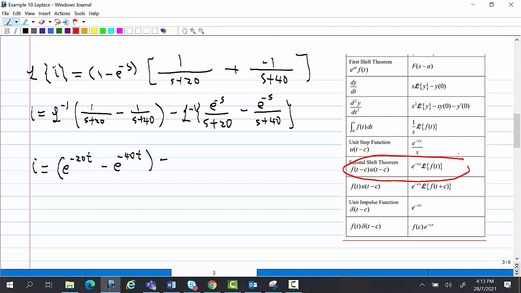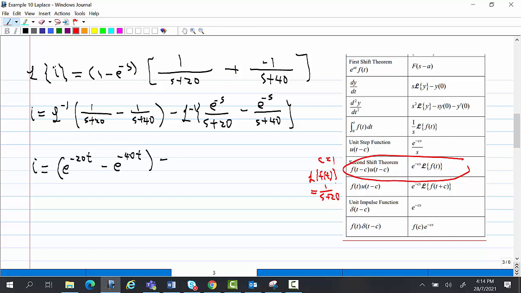Your c is equal to 1. The Laplace transform of f(t), for example for the first one, is actually 1 over s plus 20.